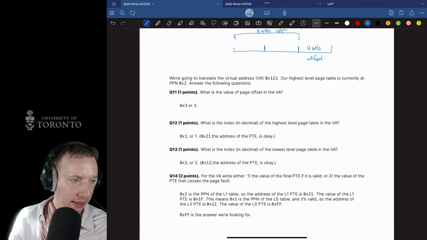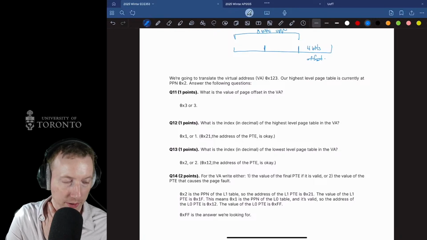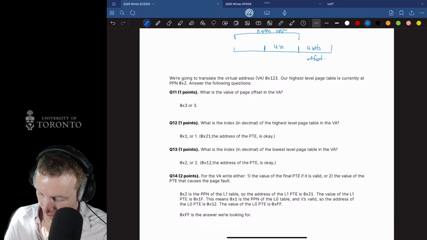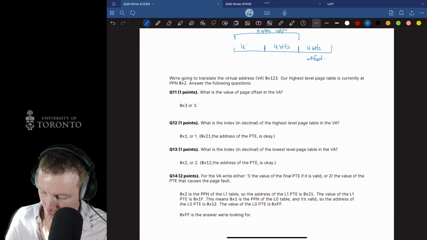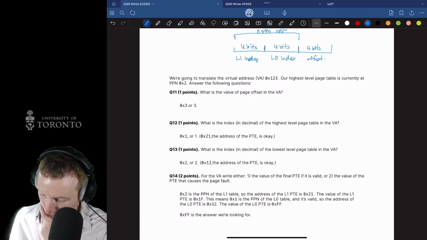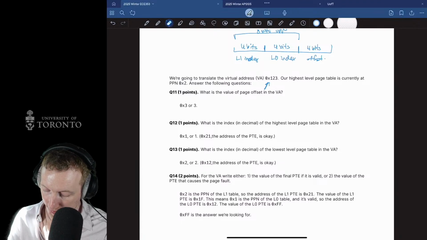Previous question has us doing 2 levels of page tables. So in this case, for 2 levels of page tables, we'd have 4 bits and 4 bits. So this would be our L0 index. This would be our L1 index. So if our virtual address is 1, 2, 3, where this is in hex, conveniently it maps up.